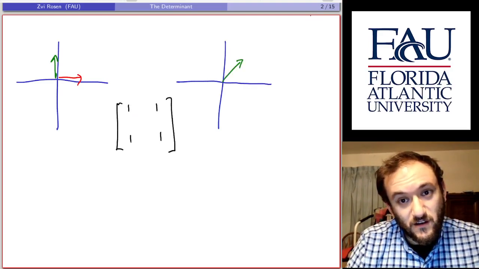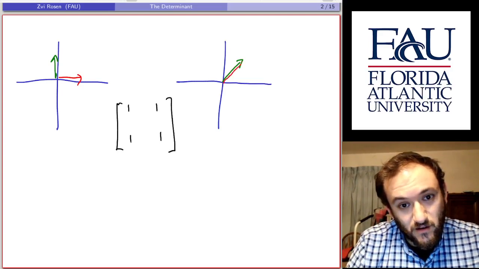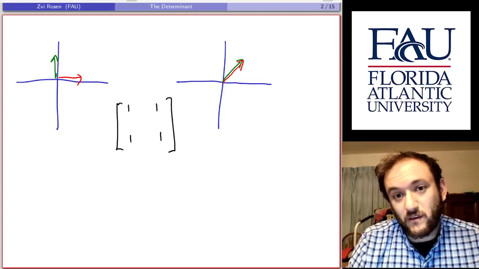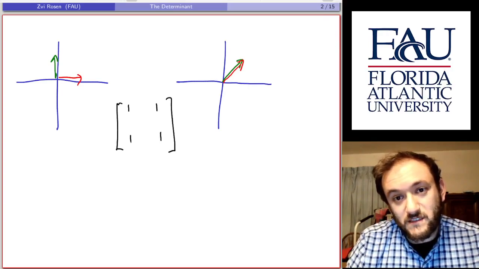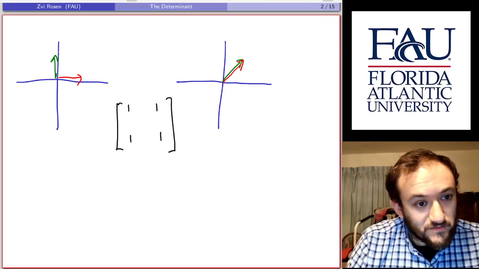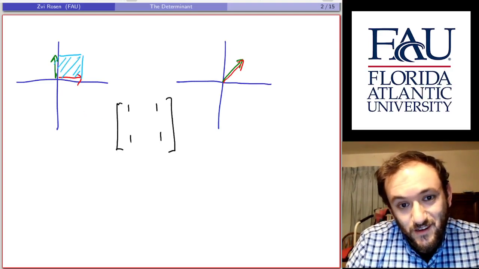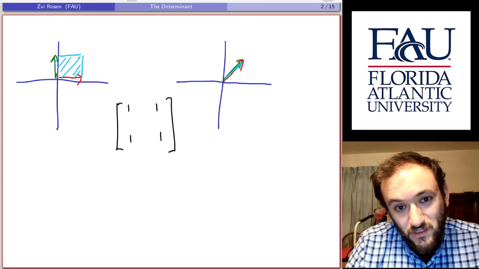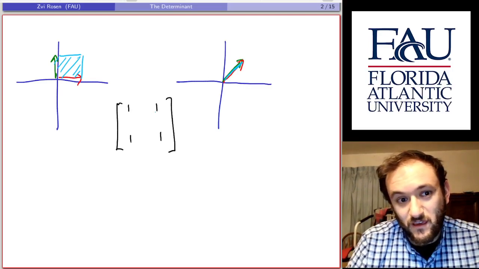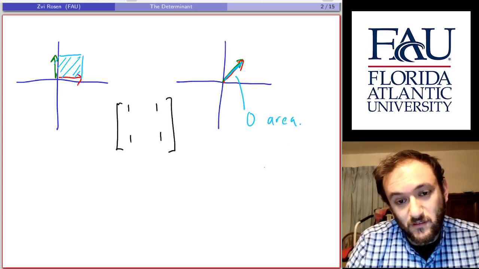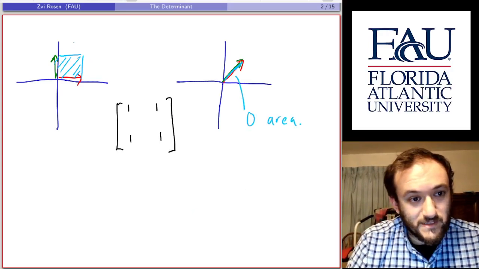So this is here, and this is also here. Now this lovely blue square, the unit square defined by our two unit vectors, gets squashed into a line segment. This has 0 area, whereas this has area 1.